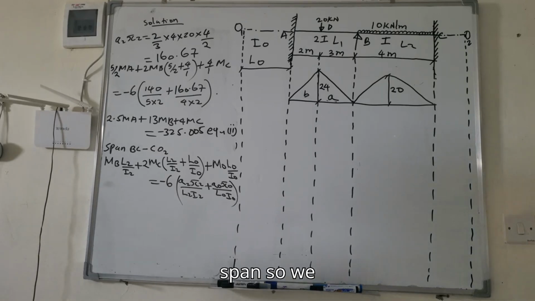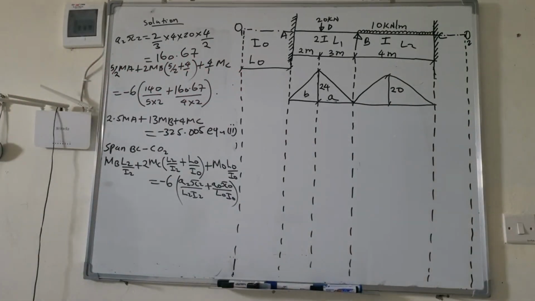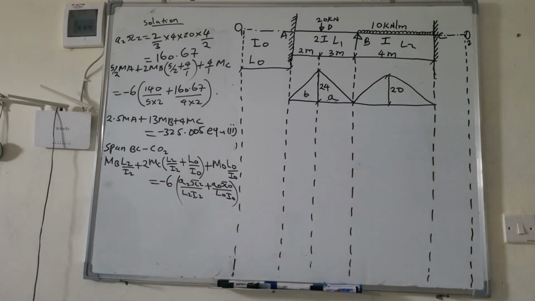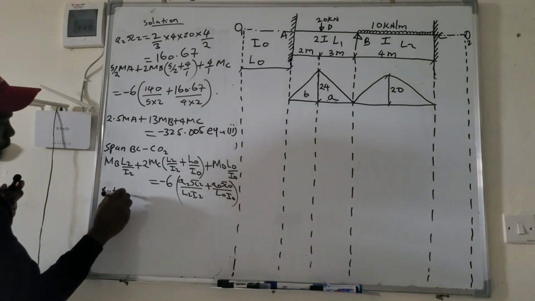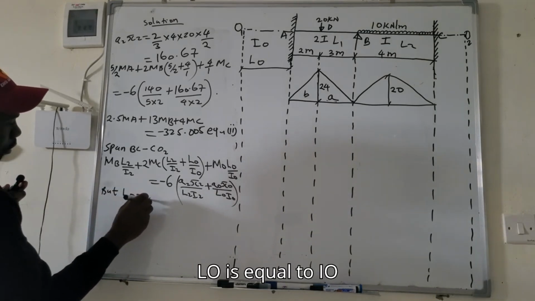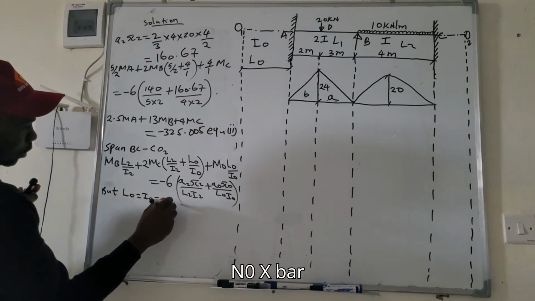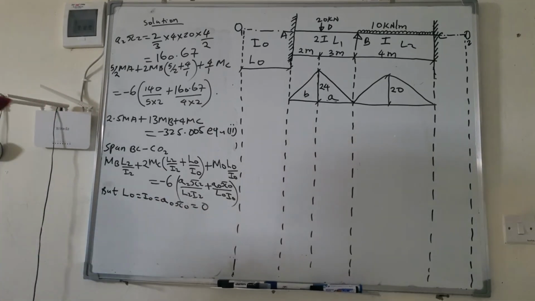So we just use M0, L0, I0 like that. So again we say that LO is equal to IO is equal to A0 x bar 0 equal to 0.